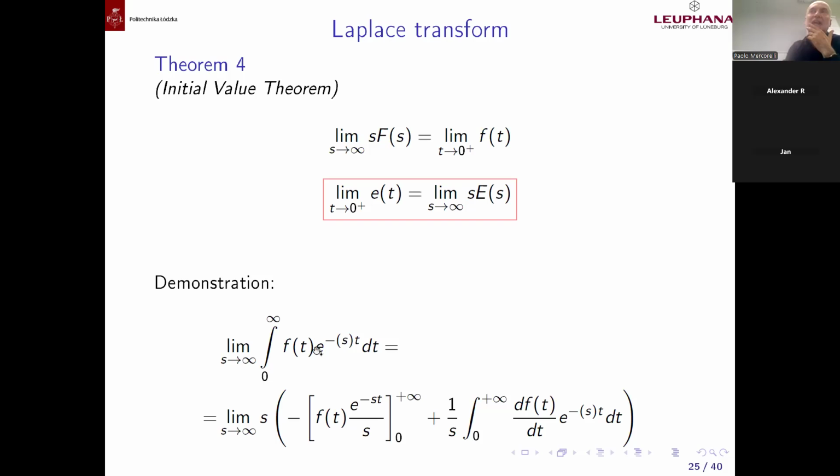Sometimes LaTeX is not so easy. It's not exactly the last version of the presentation, because I thought that I corrected it. But anyway, it shows you this property, which can be useful in some contexts.